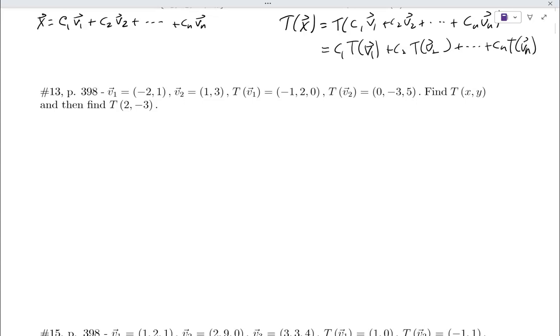So put what in a matrix? Well, those are the outputs, though, so I don't want to put those in a matrix. A times v1 equals the first output, and A times (1, 3) equals the second.